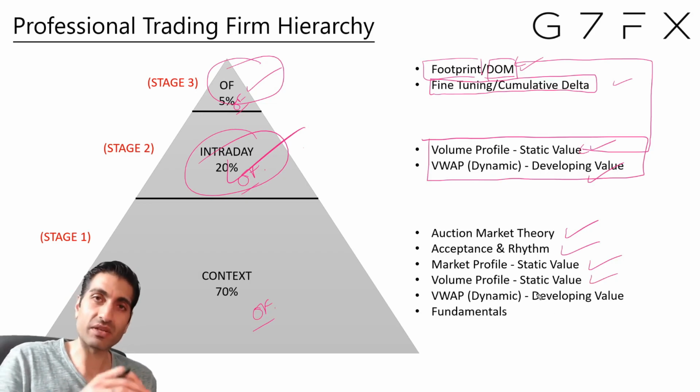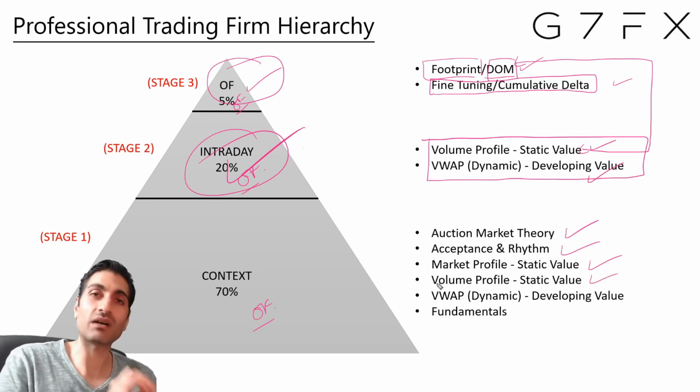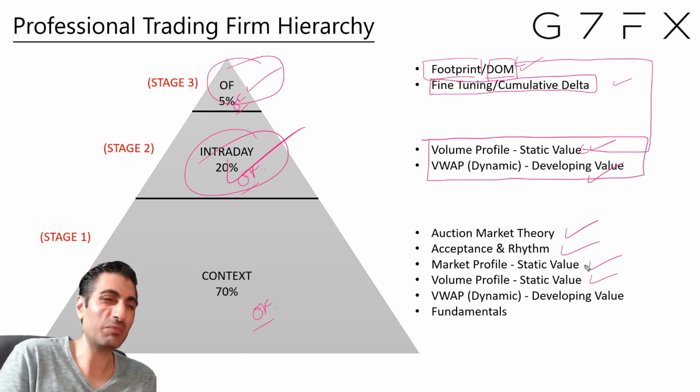We haven't necessarily looked at it on a standalone basis, but it's not something that I'm going to cover separately to market profile, because the way that I look at volume profile is on the weekly and the monthly. I kind of have it there, but I don't really make much use of it.